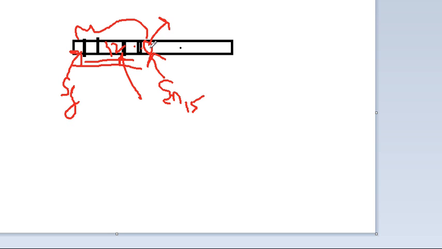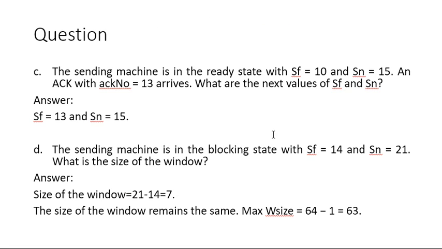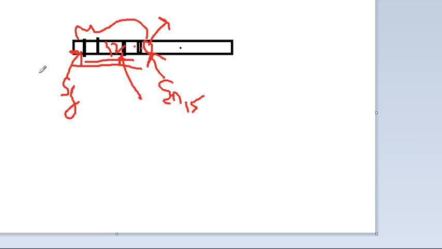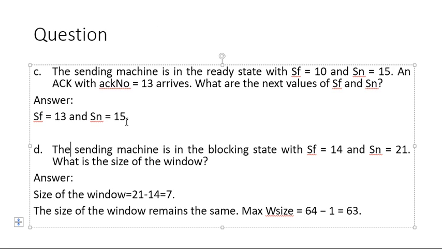The sender is waiting for the acknowledgements for the 13th and 14th segments. So SF would be shifted from 10 to 13, and SN would remain exactly the same.